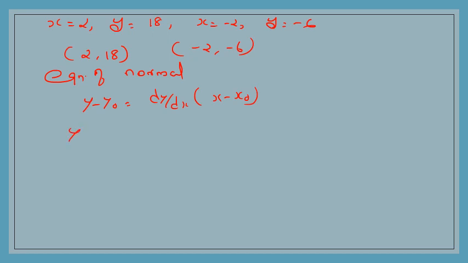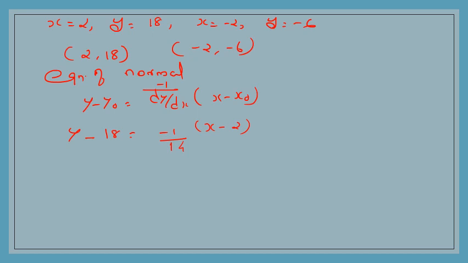First, y minus 18 is equal to minus 1 by dy by dx, which is 14, into x minus 2.